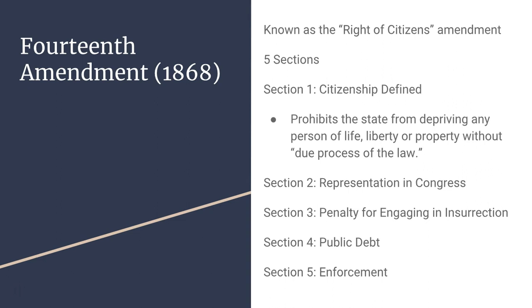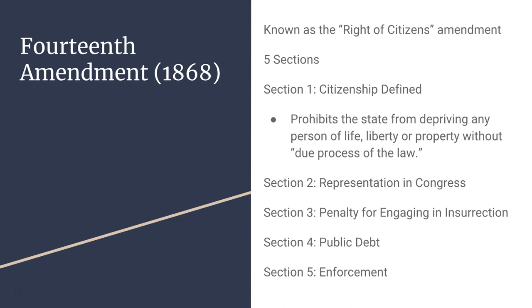Section 2 talks about representation in Congress, designed to penalize Southern states if they didn't grant all citizens the right to vote, then they would lose representation. It's not really implemented. And there's amendments later on in the Constitution that really take that into account.